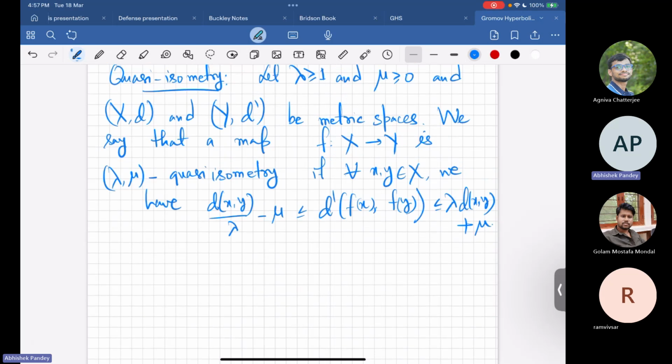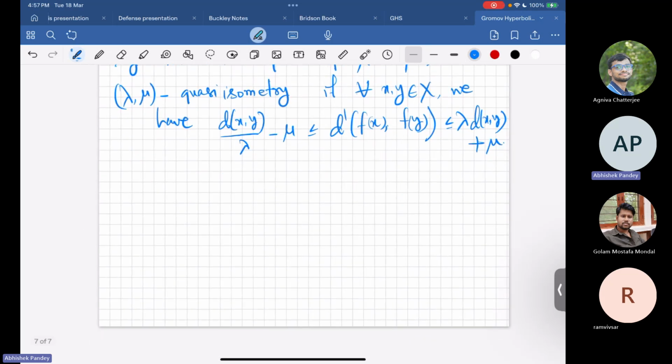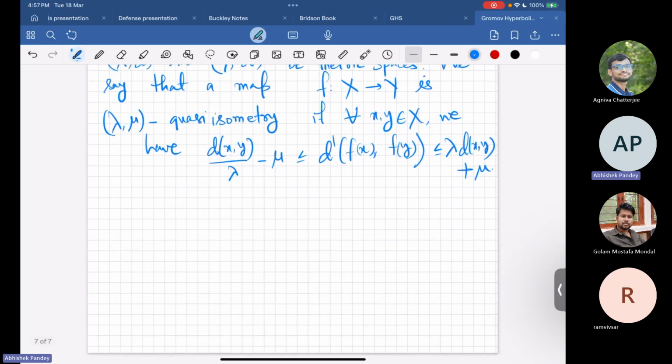I haven't written the continuity assumption on the map, so this is just a function from X to Y which satisfies this condition. Obviously a (1, 0) quasi-isometry is simply an isometry onto its range.